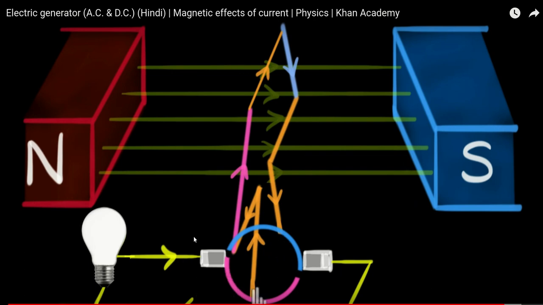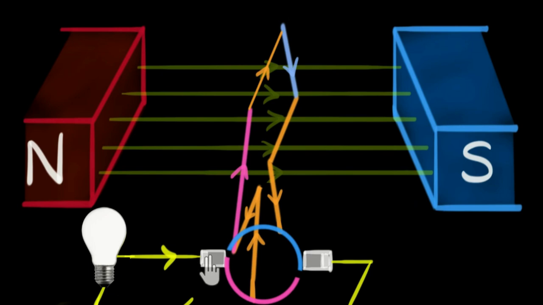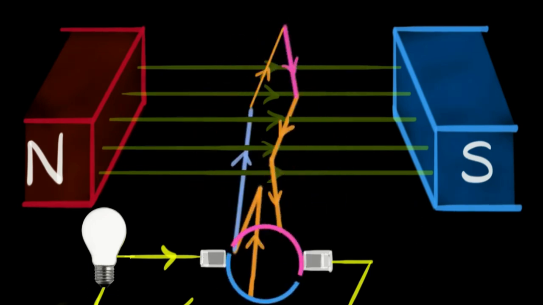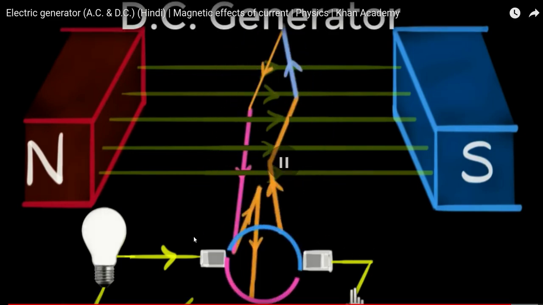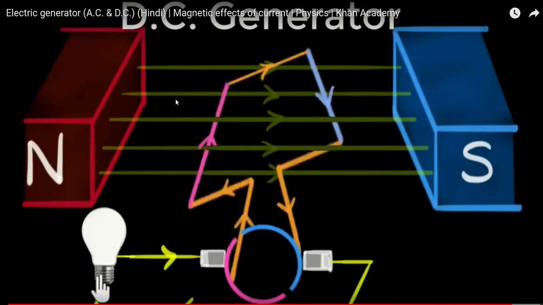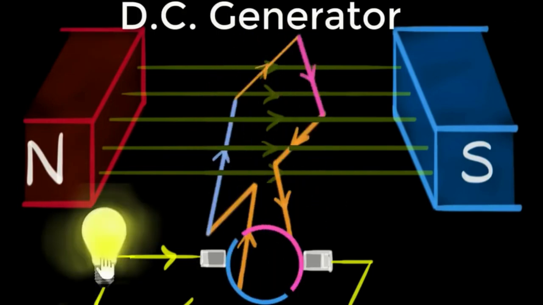That is called direct current. Alternating current is when the current is in two different directions. Direct current is when the current is in one single direction. That is why this is called a DC generator. This is how a direct current generator works, with the split rings.